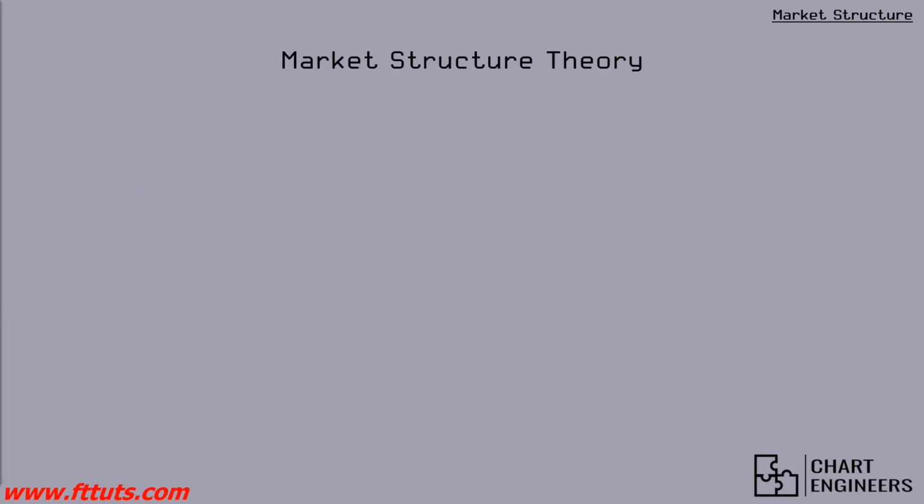So now we're going to go over some market structure theory. As we can see, the market is trending up. However, it did not just go up in one straight line. It had retracements before expanding back up, and this is just how the market will generally move.